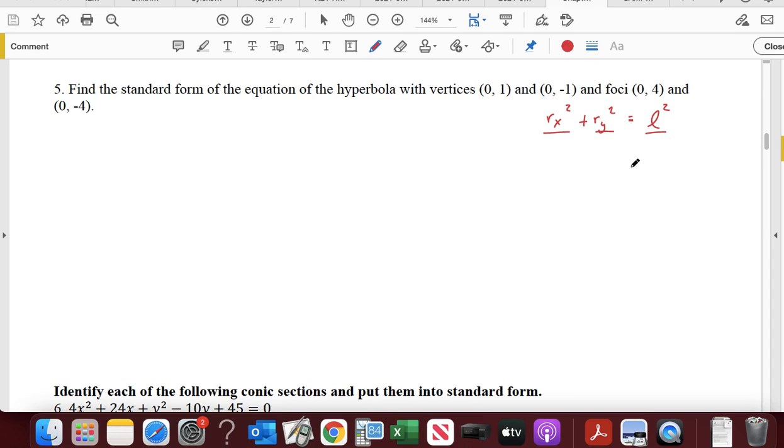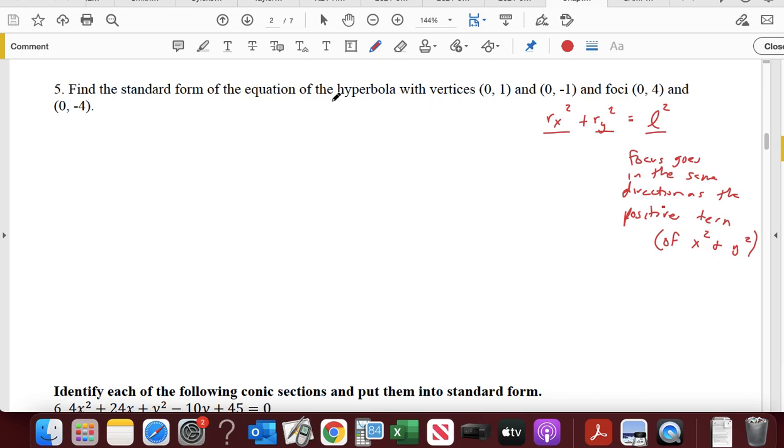And remember, L, the focus, goes in the same direction as the positive term, the positive of x squared and y squared, because remember, only one will be positive. So it goes in that same direction. Okay, so let's find it.